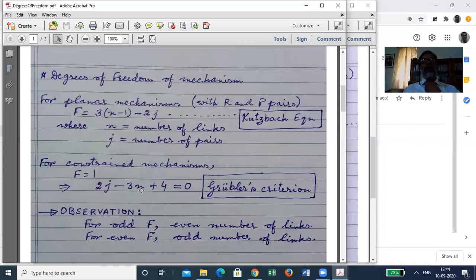So you come to the conclusion that for a constraint mechanism, the number of links must be even.